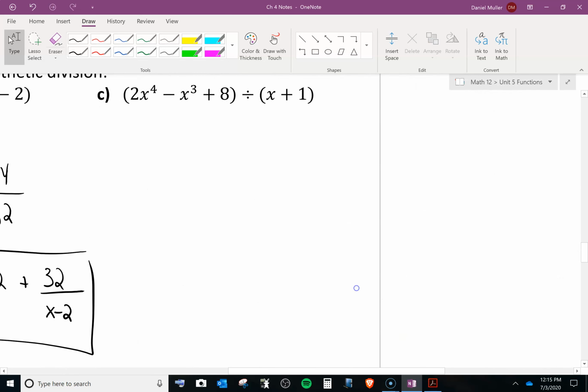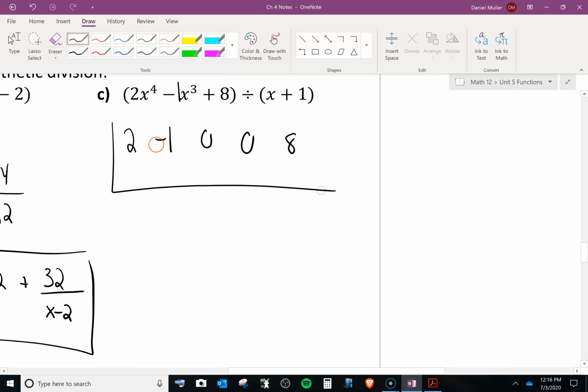All right, let's try the last one. So there's a 2, then there's a negative 1 x cubed, and then there's 0 x squared, and then there's 0 x's. And then there's an 8. So 2, -1, 2 zeros, and then an 8. And we have a positive 1, but again, we're subtracting these things, so I'll put a minus sign there.